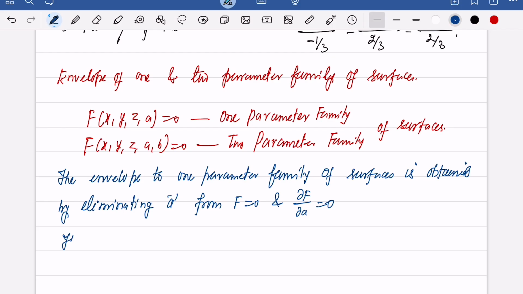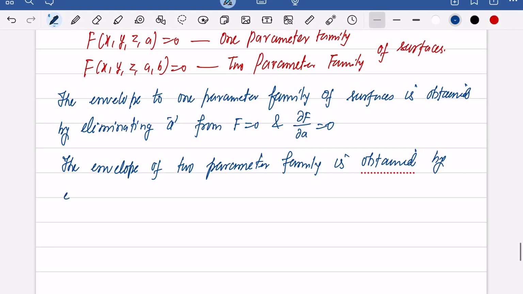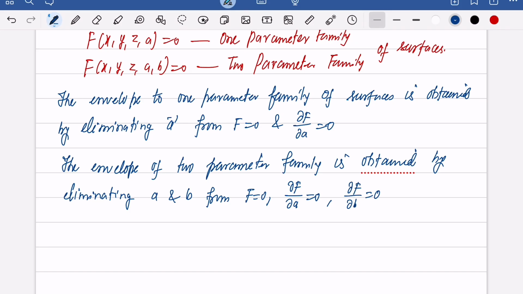And similarly the envelope of a 2 parameter family is obtained by eliminating a and b from f equal to 0, del f by del a equal to 0, and the third equation del f by del b equal to 0.